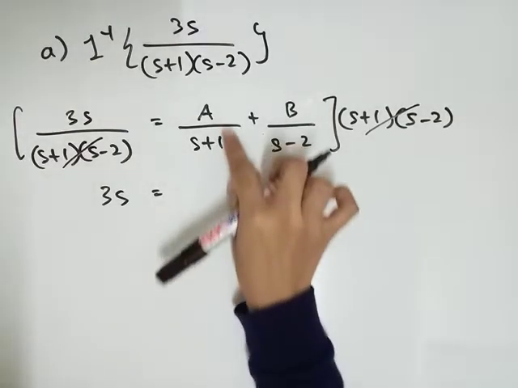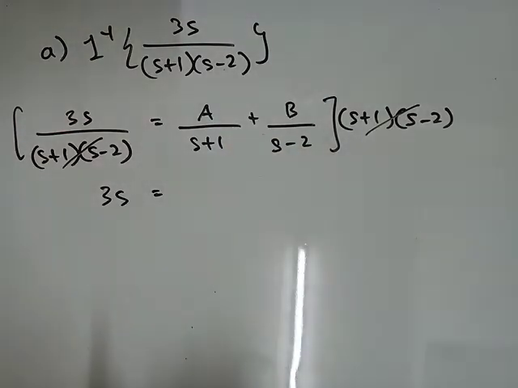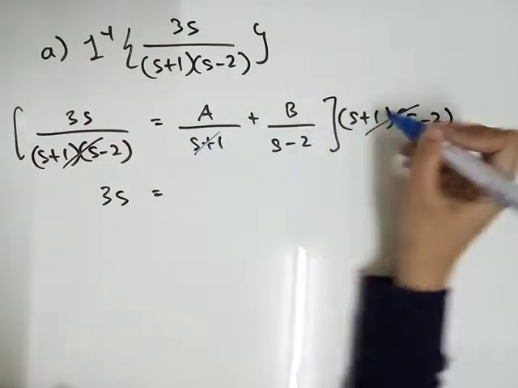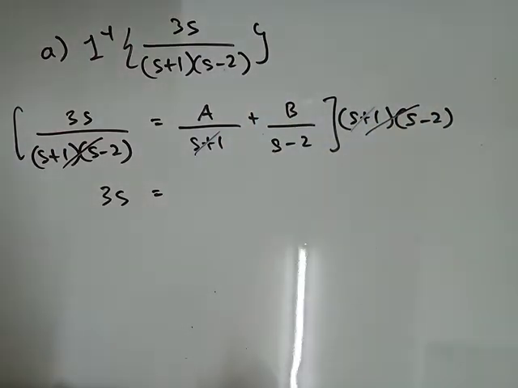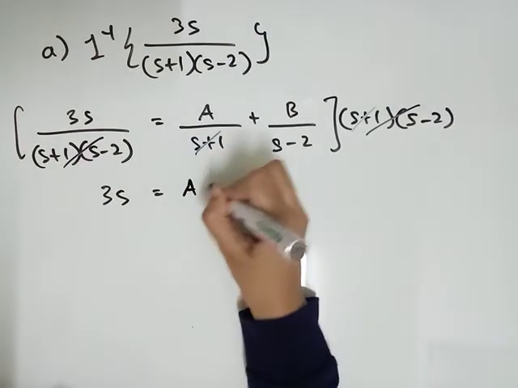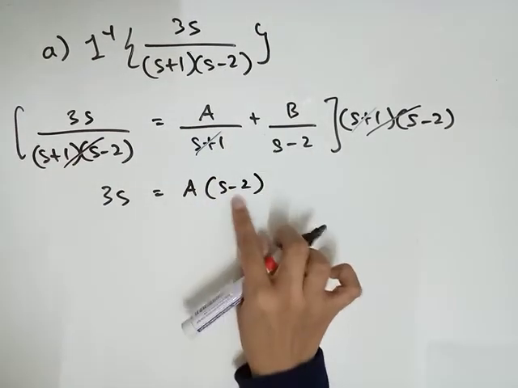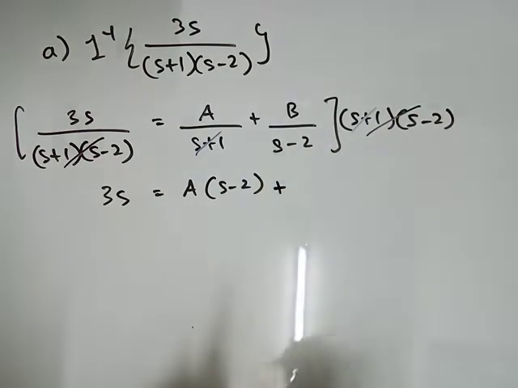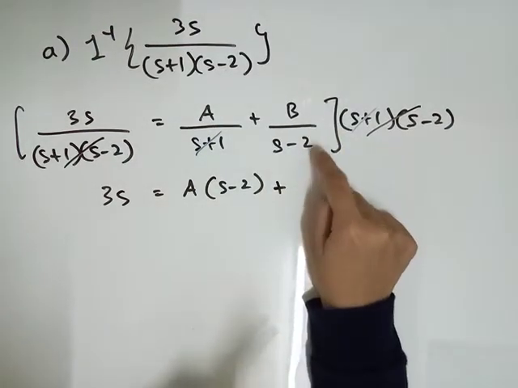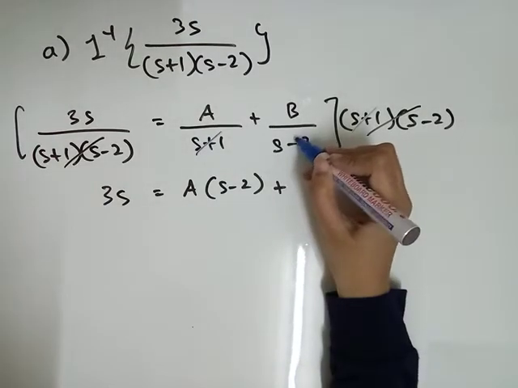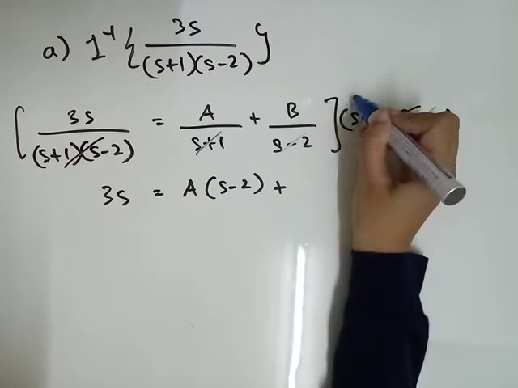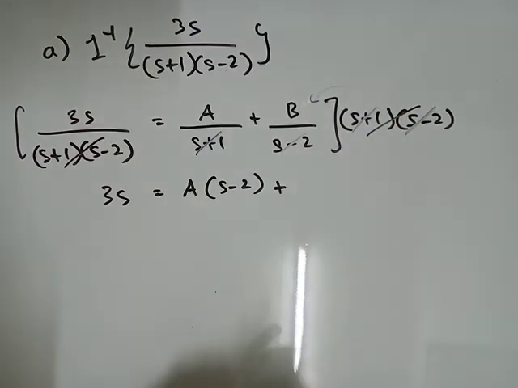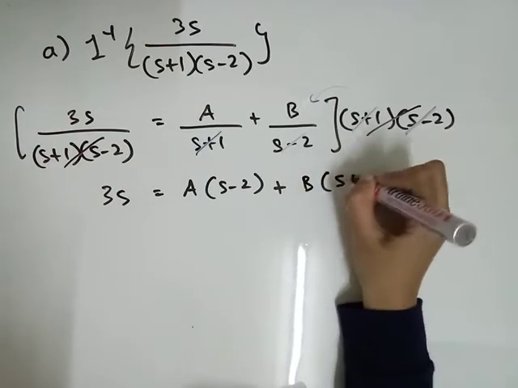Then A over s plus 1: we cancel the s plus 1, so s minus 2 times A. Plus B over s minus 2: we cancel the s minus 2, so B multiplied with s plus 1.